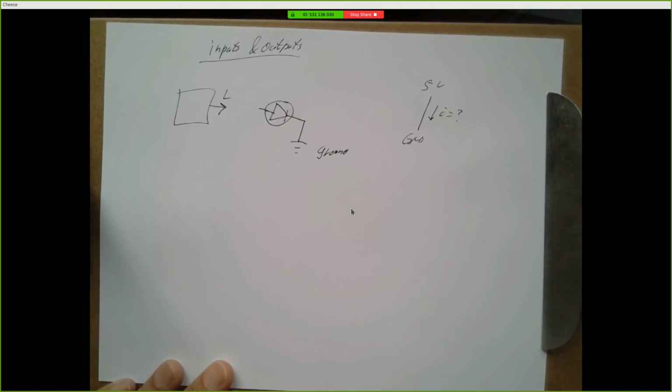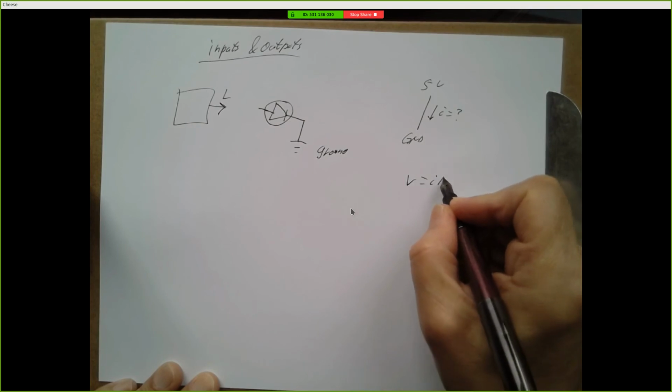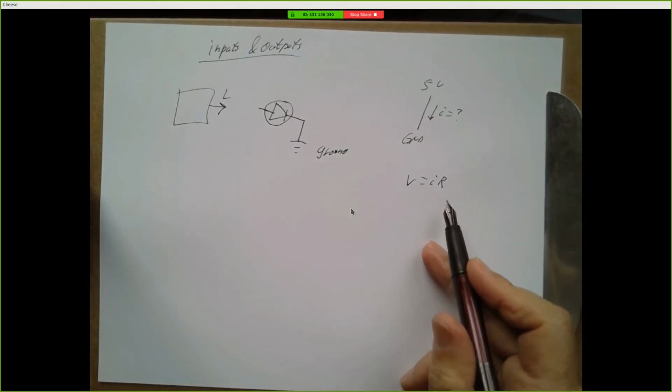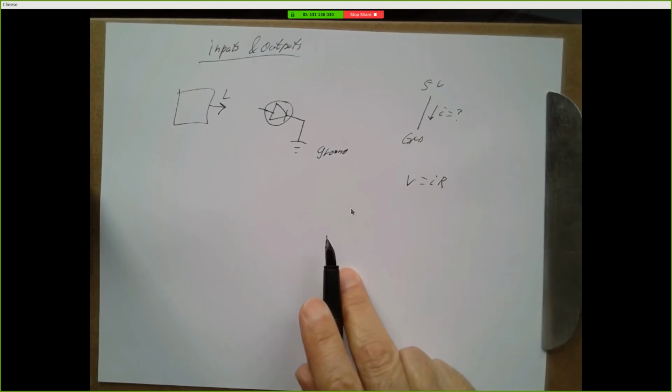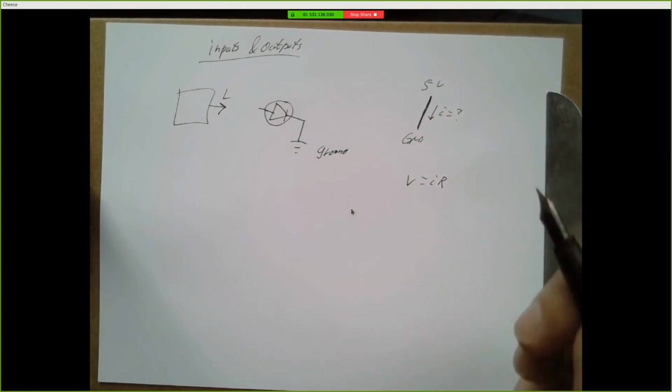Would it be 5? How would you get 5? To be honest, it was just a wild guess. It's not a bad guess. So we know Ohm's law, V equals I times R, right? So voltage is current times resistance. Well, what's the resistance of a wire, theoretically?